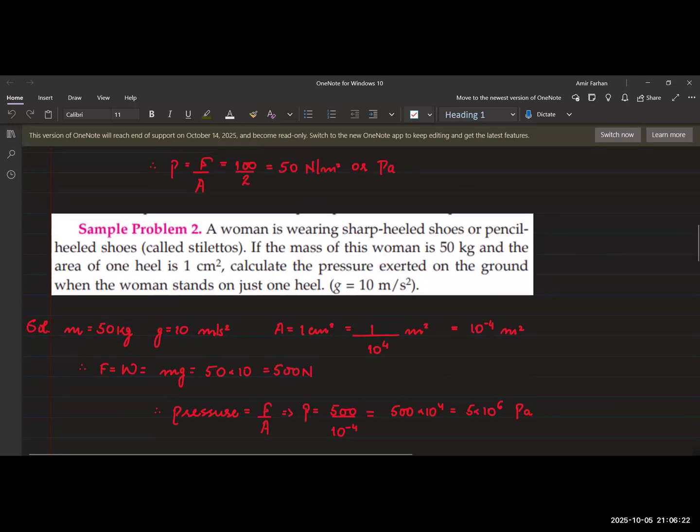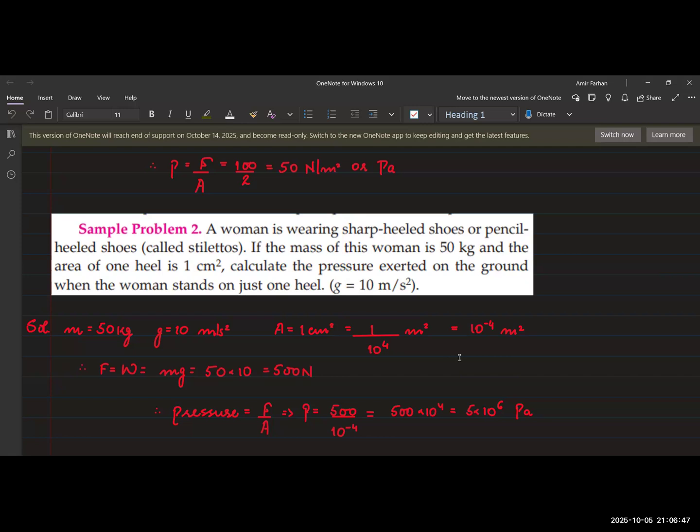Please have a look. This is the question. You just have to convert the area of the heel from centimeter square to meter square.